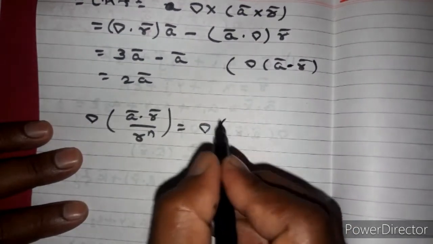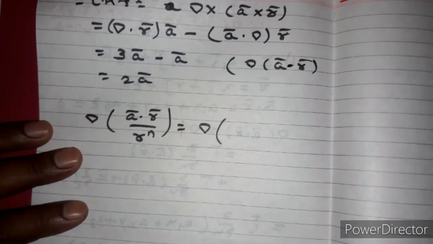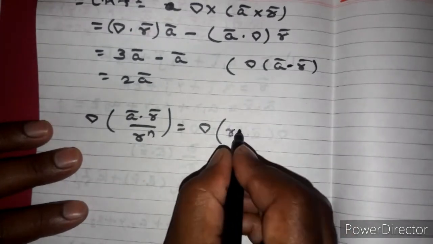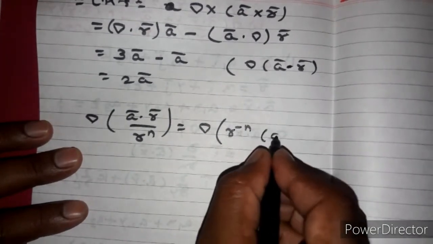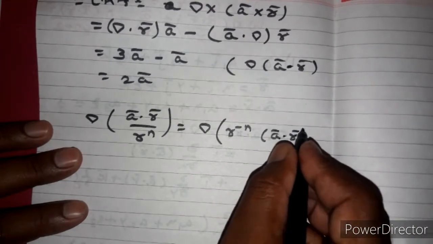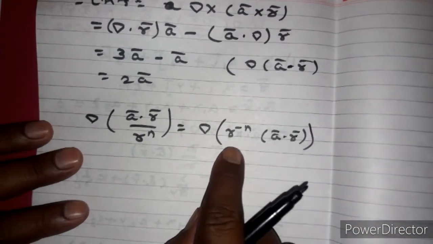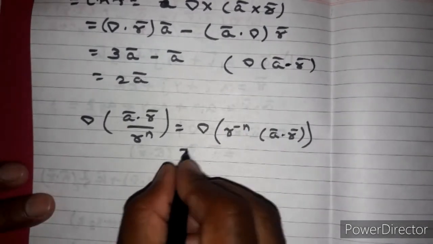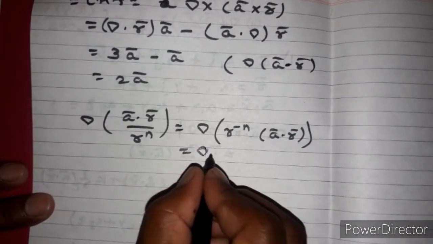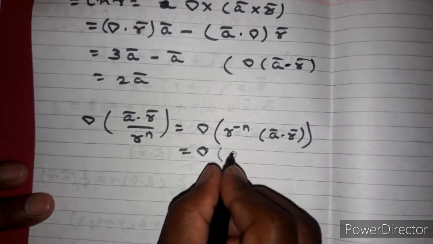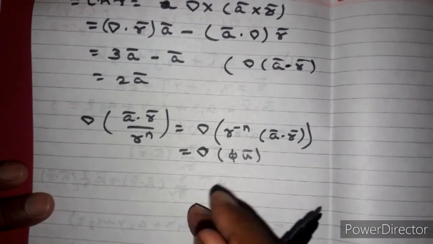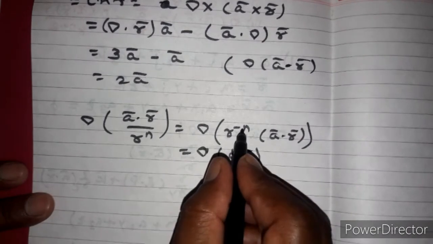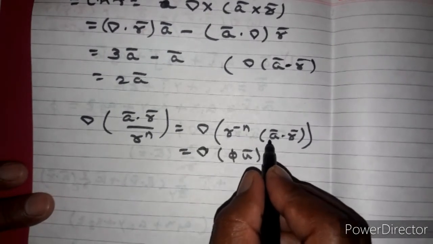So del of r raised to minus n times a bar dot r bar. Can I say that this is nothing but del of phi u bar, where phi is r raised to minus n and u bar is a bar dot r bar?